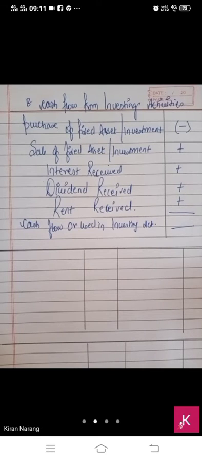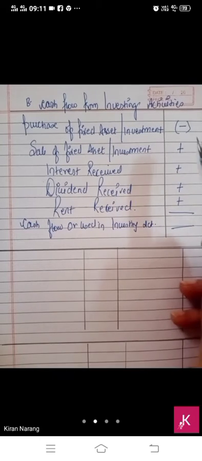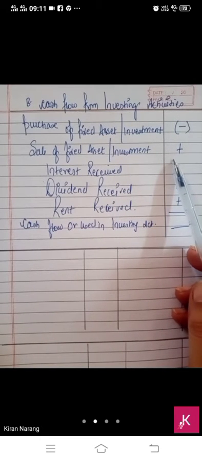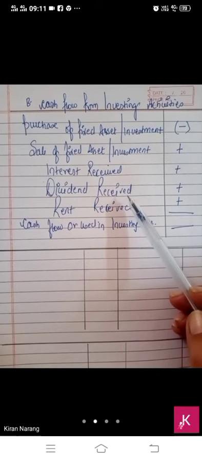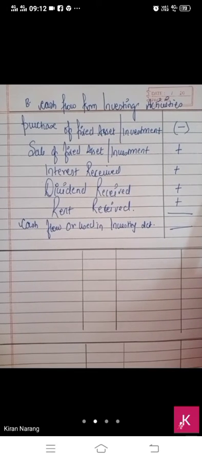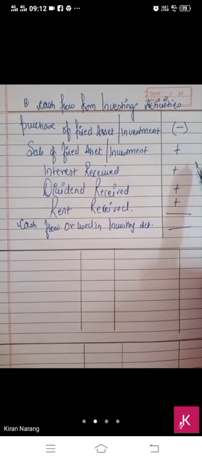Got my point, bache? Any purchase of fixed asset investment will be subtracted. Any sale of fixed asset and non-current investment will be added. Three incomes will be added: interest received, dividend received, rent received. Okay, bache? This is your cash flow from investing activities.